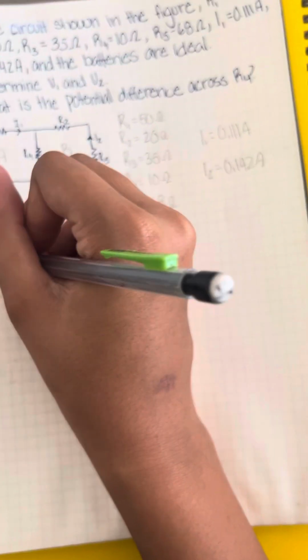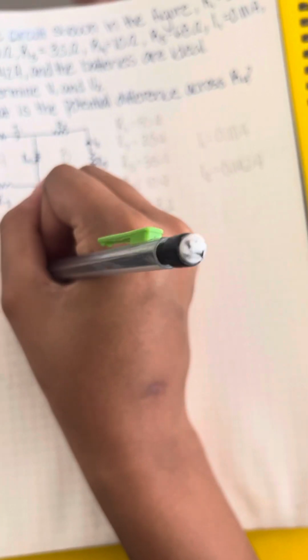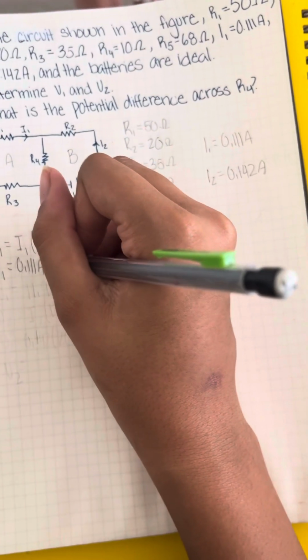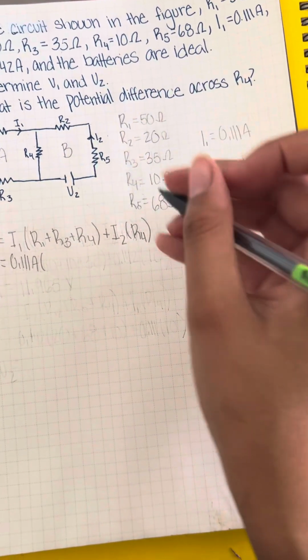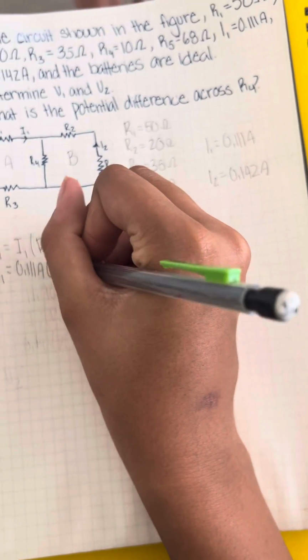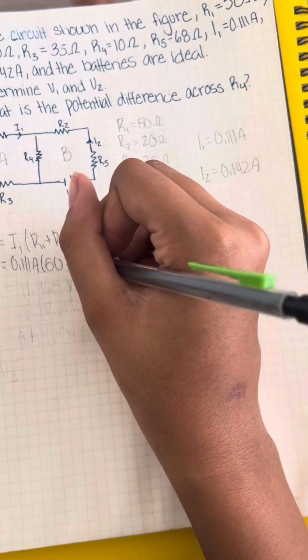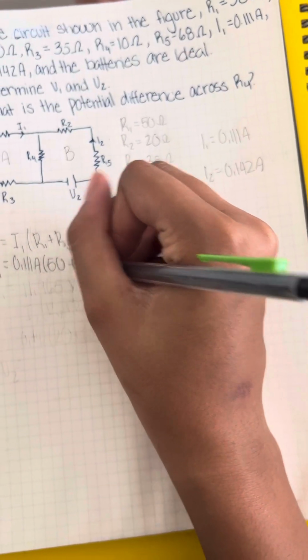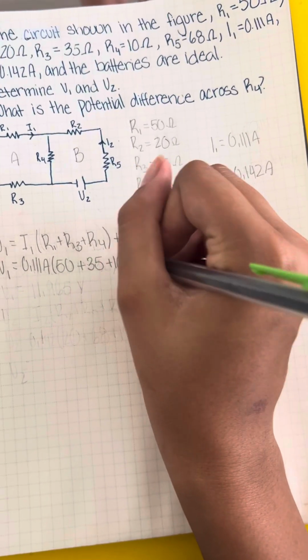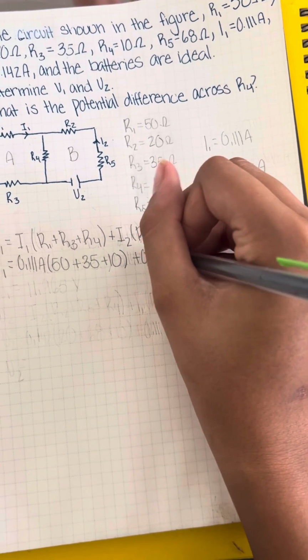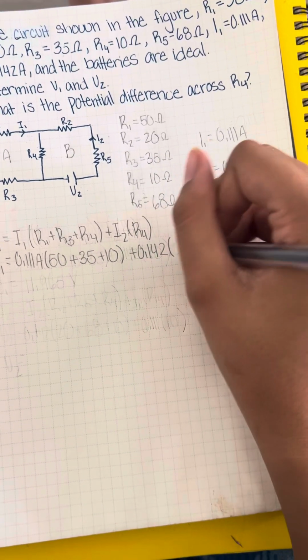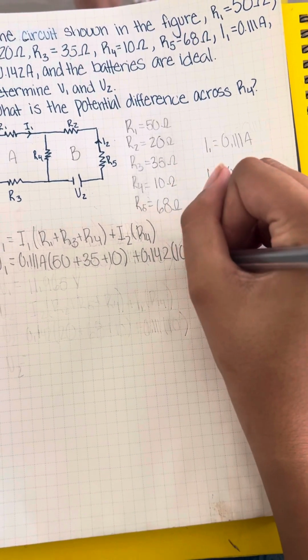Then if we plug in values, R1, we can just use them from here instead of going back to the problem. R3 is 35, R4 is 10, 0.142, R4 was 10.